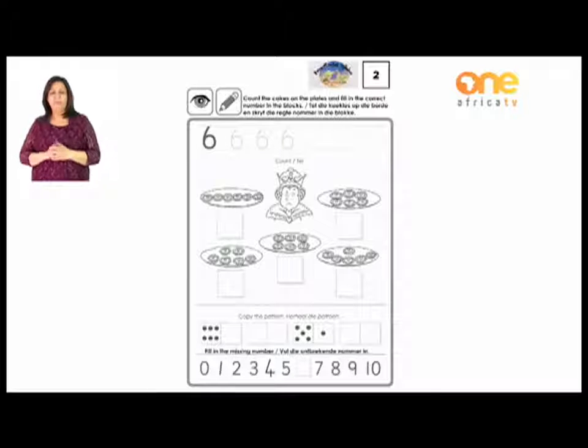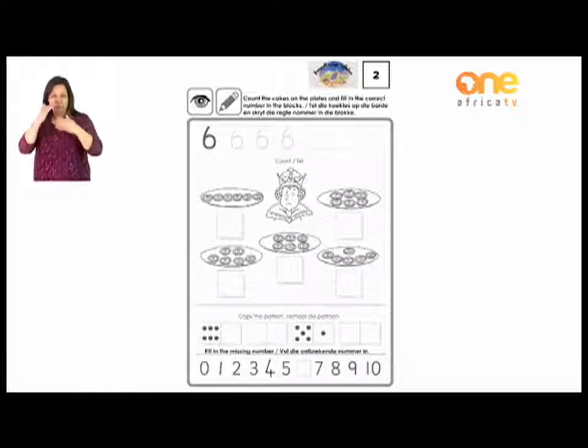We have 5 dots in this block. So we need to copy in the next block 5 dots and copy the pattern as it is. And the last one is easy. You need to complete it on your own.